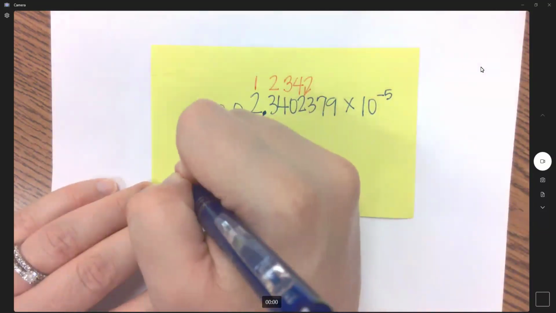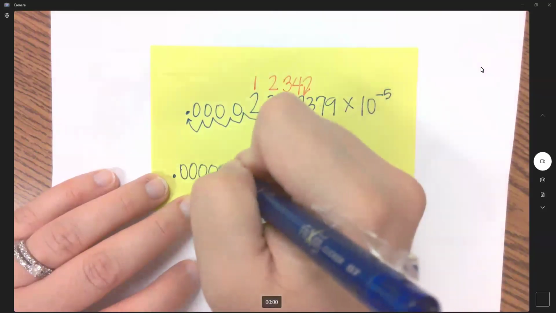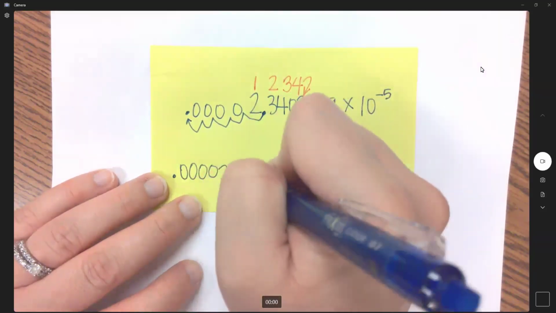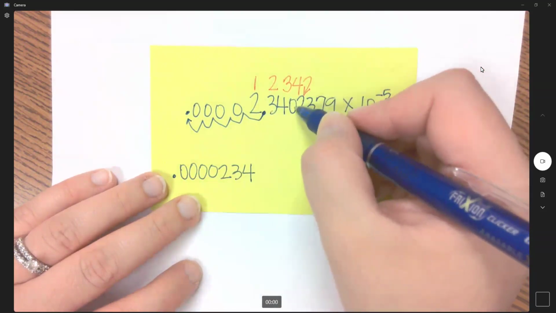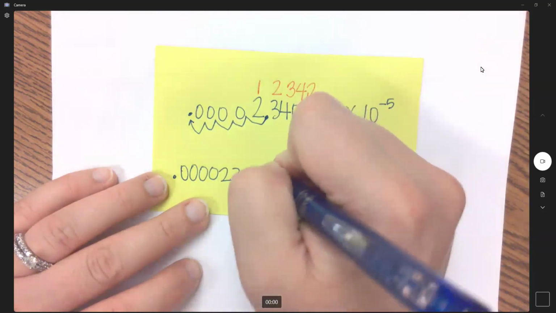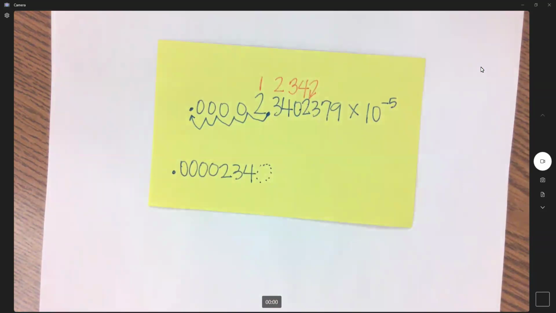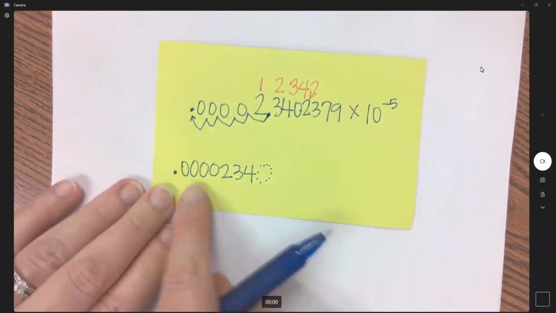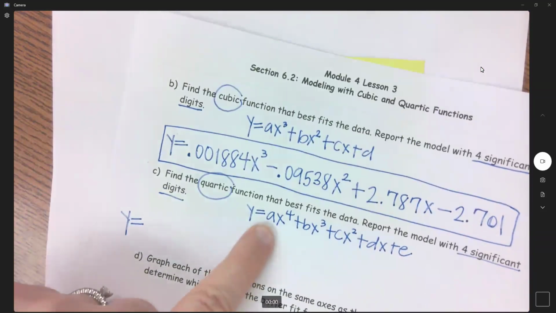So this would become 0.000, none of those count, 2, 3, 4, and then that 2 is going to make that 4 stay. So you can write it just like this, or you can have a 0 behind, but we don't really need that 0 there. Okay, so that is my first number here for this A.